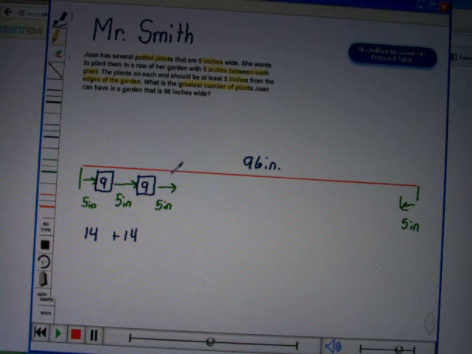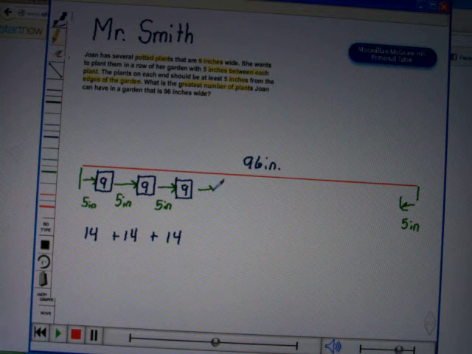Now we're ready for another potted plant, which takes up 9 inches. There's another 14 inches. Another 5 inches of space between the plants. Let's plant another one. 9 inches.